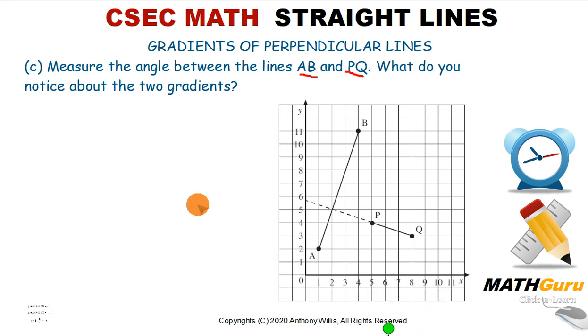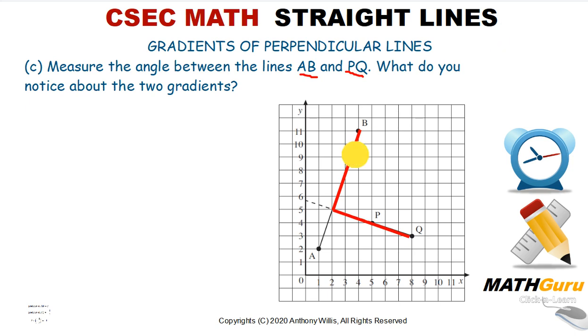Now, the thing to note here is that the angle formed by these two lines here is a right angle. It's 90 degrees.